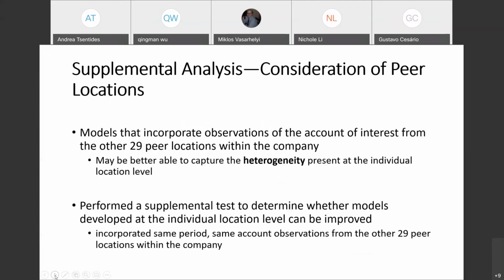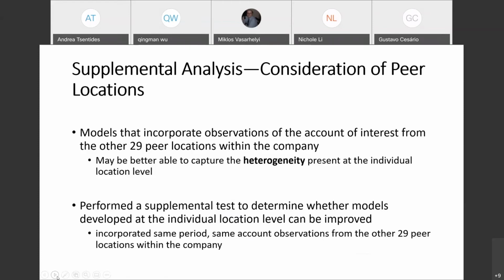Okay, so then they decided to look at it a little bit differently. They said, let's incorporate some observations of the accounts of interest from the other 29 peer locations within the company to see if we're better able to capture the heterogeneity presented in the individual location levels.